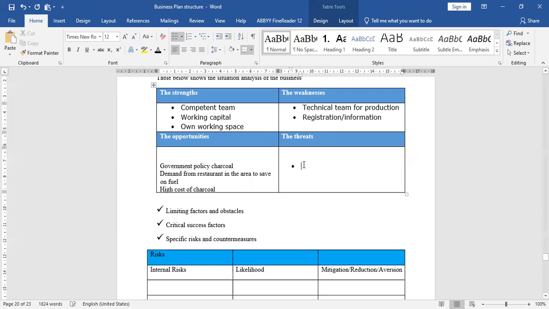Threats are usually, for example, limited supply of charcoal. If there is no charcoal, there is no charcoal. Or maybe lockdown. Lockdown is a threat to your business, courtesy of government policy.